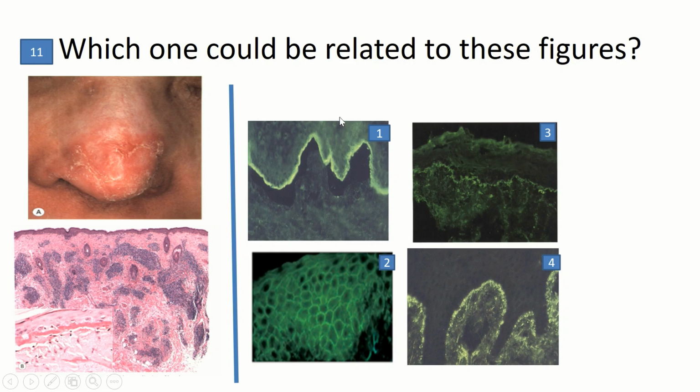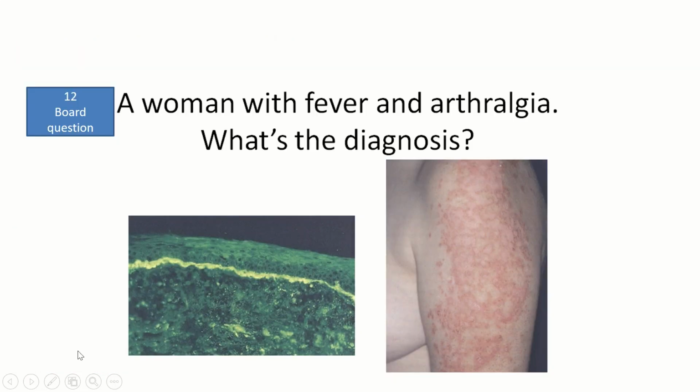This is compatible with the diagnosis of bullous pemphigoid. This is compatible with the diagnosis of dermatitis herpetiformis, and this is compatible with the diagnosis of pemphigus vulgaris. And you see here another case indicative of lupus erythematosus.